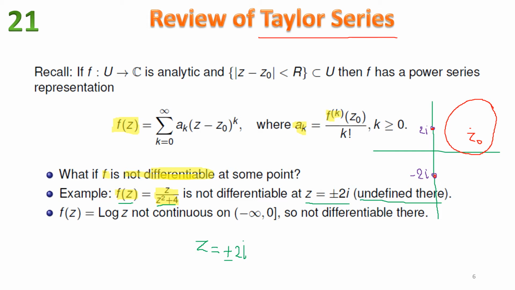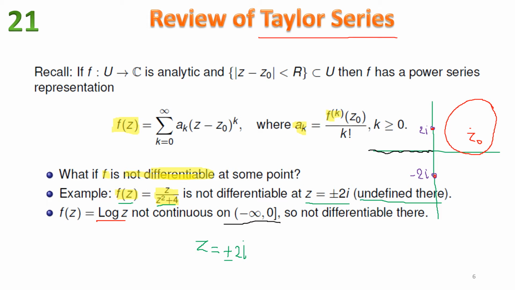Similarly, for the logarithmic function, we have the negative real axis discontinuity because the logarithmic function is not continuous on the negative real axis. So it's not differentiable on the negative real axis.